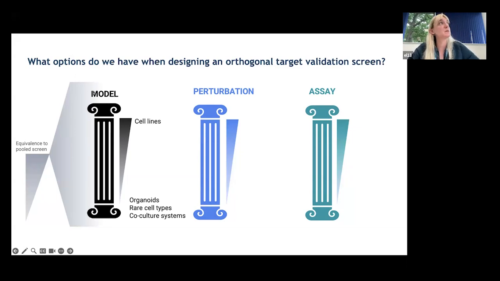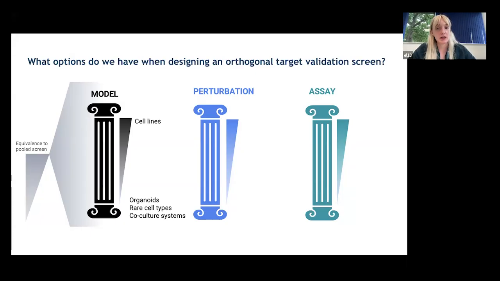That's not always the case, but that is the most amenable way to introduce a large guide library. Once you move away from your pooled screen, you can start to consider more complex cell systems, so moving from 2D to 3D, introducing rare cell types, and potentially looking at co-culture. And that is where the benefit of arrayed screening in being able to use lower cell numbers comes in.